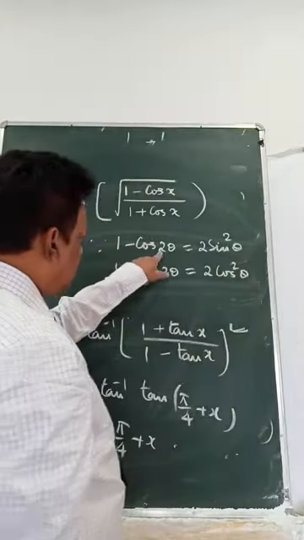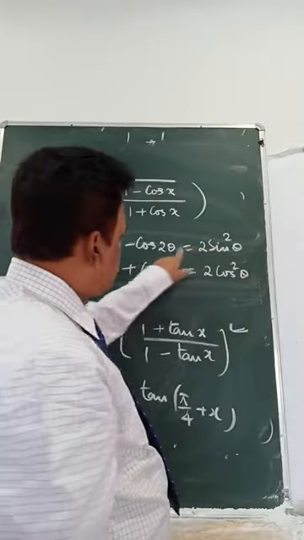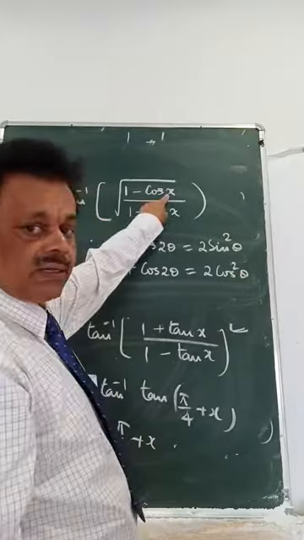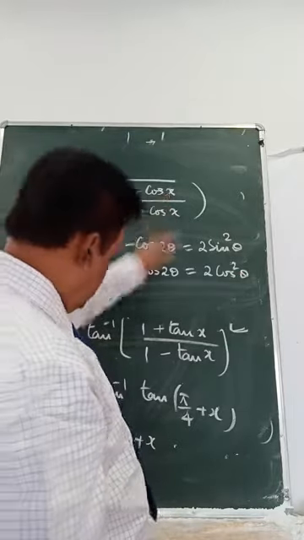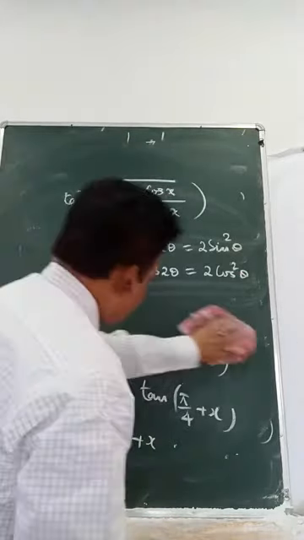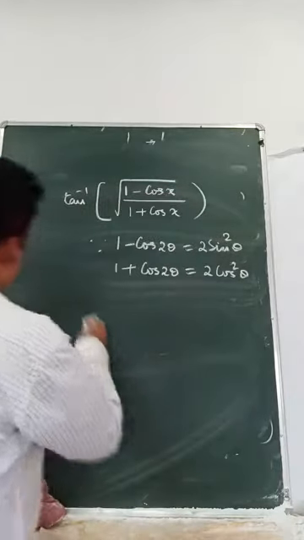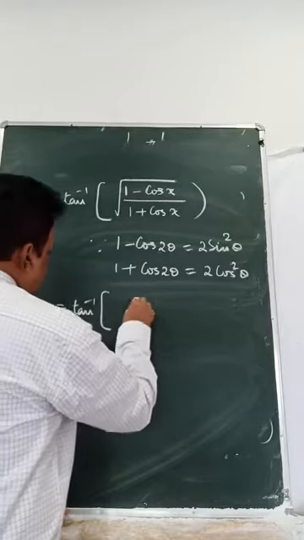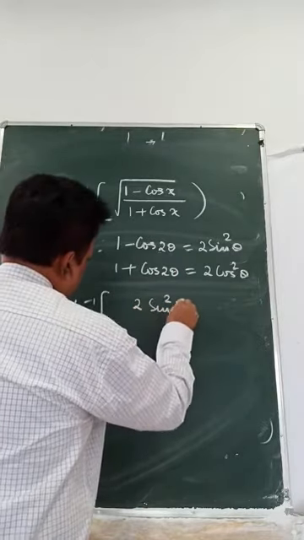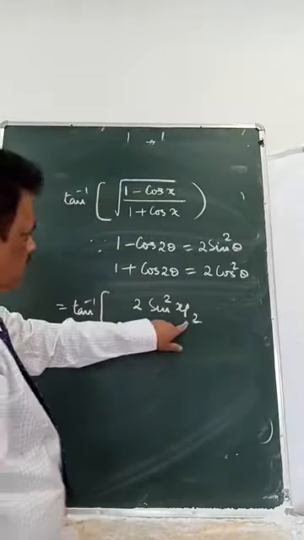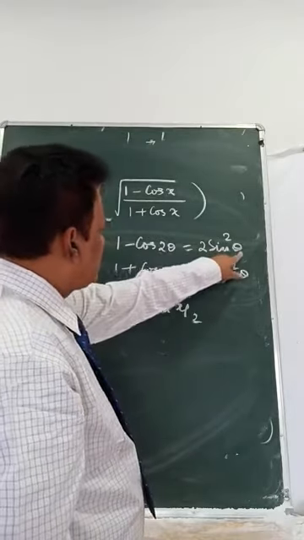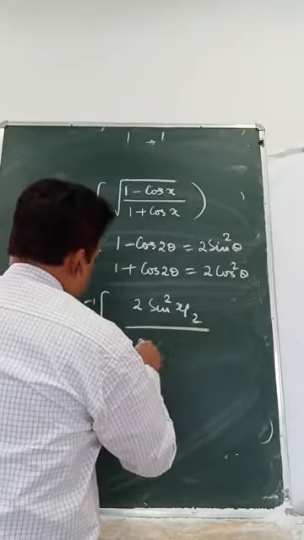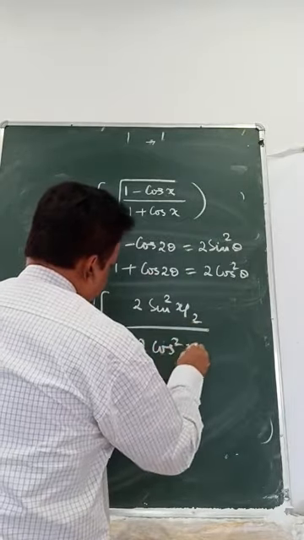Notice here, the angle becomes half. 2 theta becomes theta. So the angle here is 2 theta, and here it is x, so theta will be x by 2. So this will be tan inverse of the square root of 2 sin square x by 2 divided by 2 cos square x by 2.